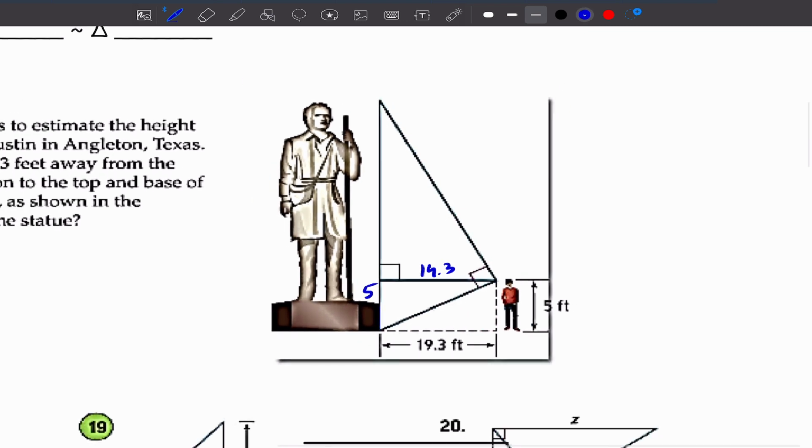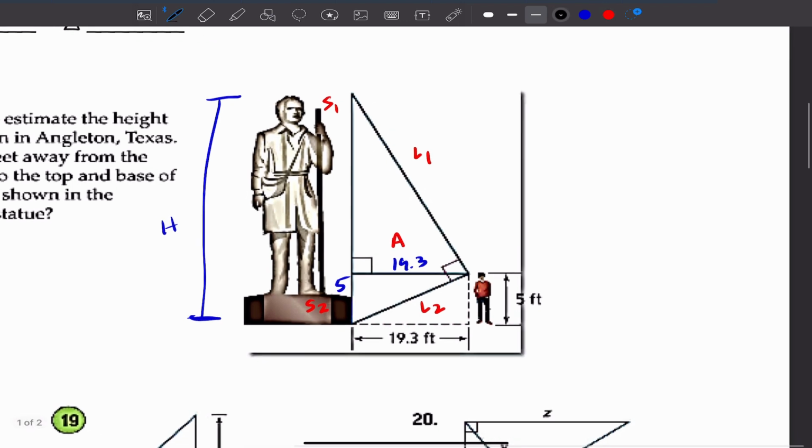Let me go ahead and label my figure. Obviously, this is the hypotenuse. Oh, sorry, that's way too long. This is the hypotenuse. And then this is segment 1. This is segment 2. That's leg 1, leg 2, and then this is the altitude.